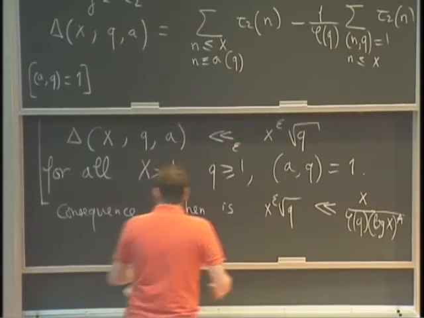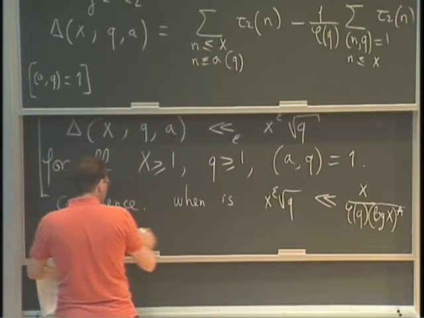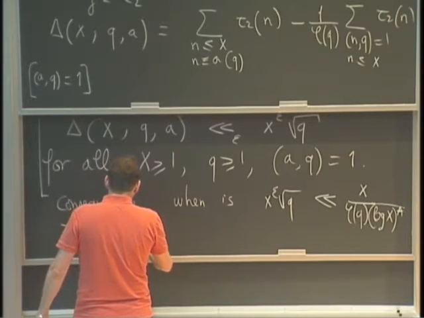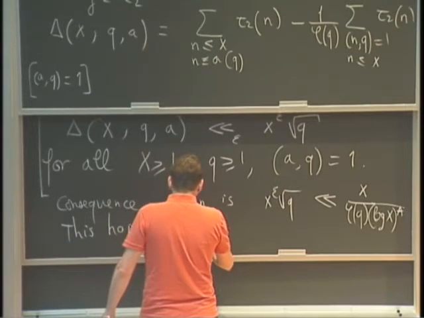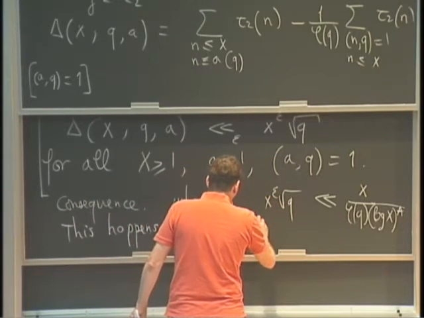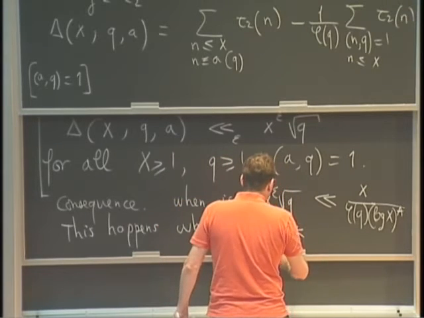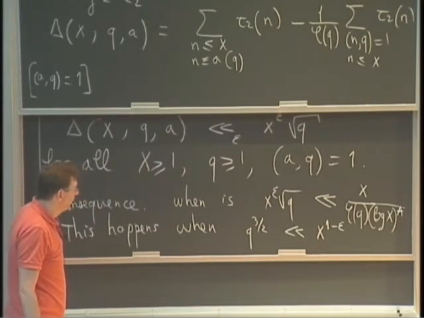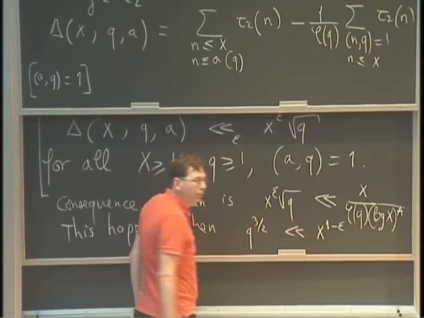Phi of q is essentially q, so you want q to the 3/2 to be of size a little bit less than x, which means q of size a little bit less than x to the 2/3.